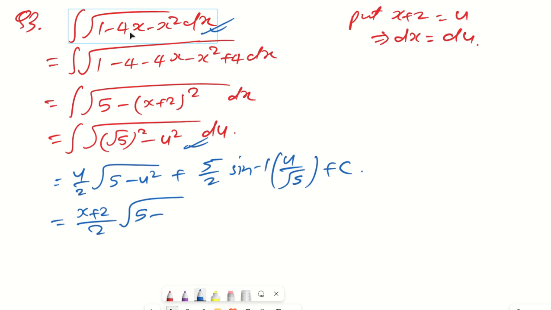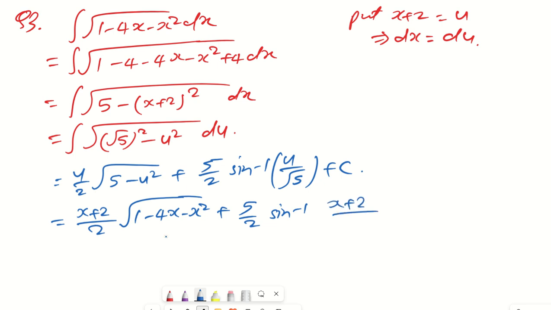Okay. So I can write this down as 1 minus 4x minus x square plus 5 by 2 sine inverse of u, that is nothing but x plus 2 divided by square root of 5, plus c. So this is your complete solution.